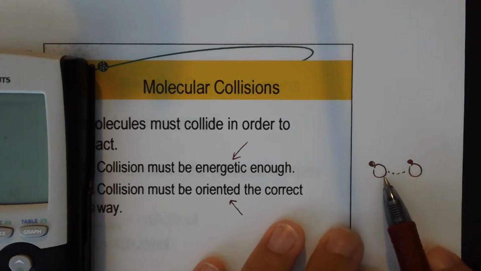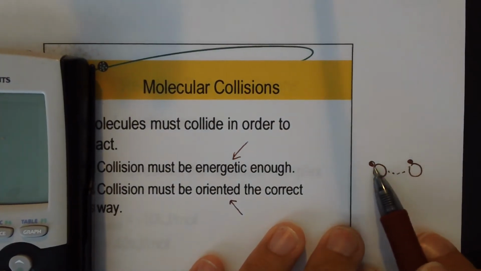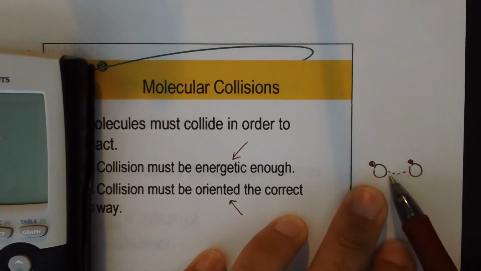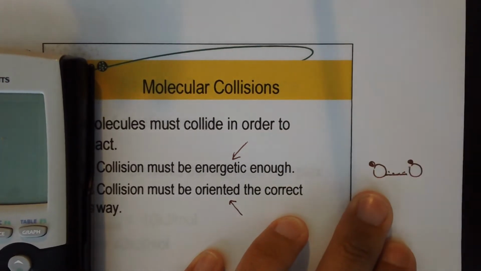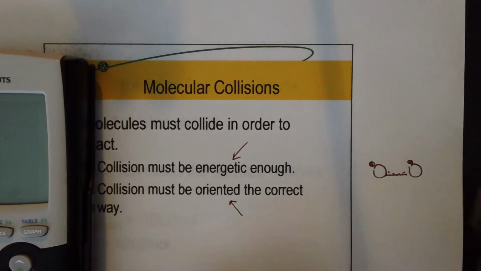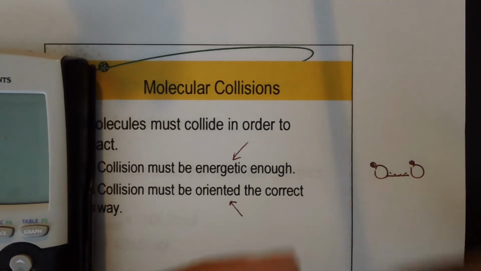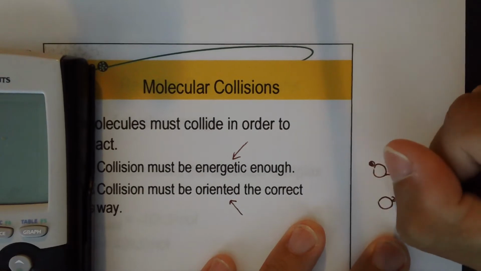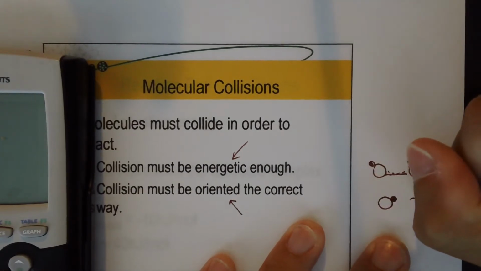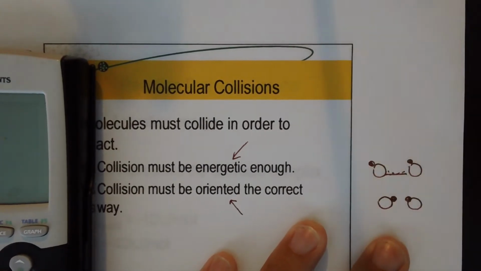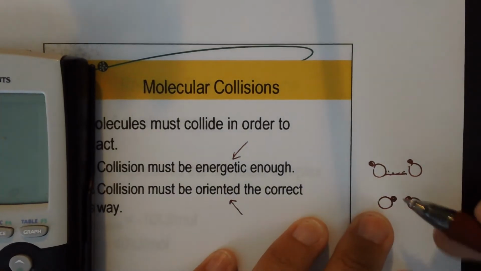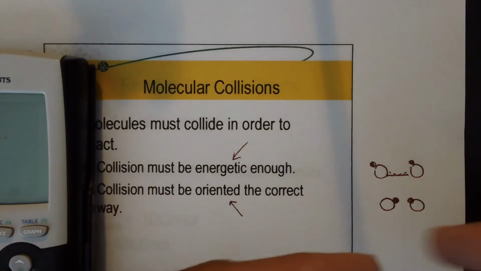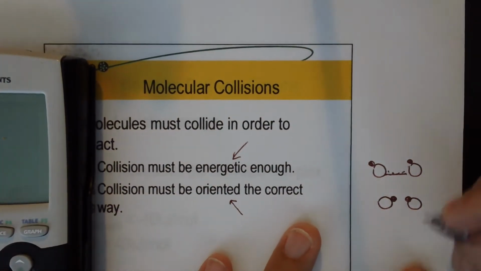Not only that, but if those two dark circles are trying to react with each other and they run into each other this way, those circles don't have an opportunity to touch each other, so they can't react. For this reaction to take place, the particles have to run into each other with those two little dots facing each other, so that they have enough energy and are correctly oriented.